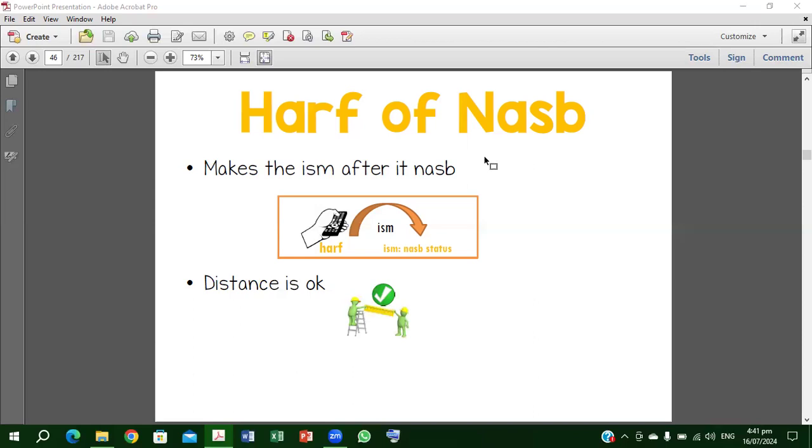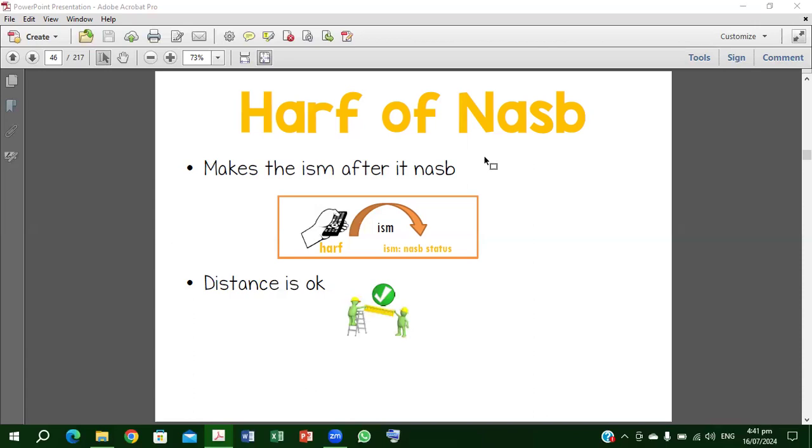So a harf jar comes and after that a noun comes. The combination of these two, harf of jar and a noun, makes a murakkab, and that is murakkabe jari because harf of jar is coming there.